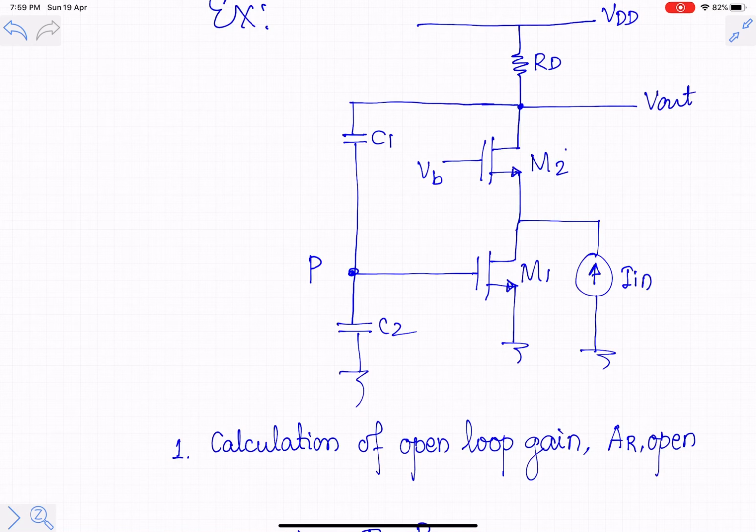To find out the loop gain, the feedback has to be broken at an appropriate point. So generally we break it here, we apply the test voltage Vt here, and we calculate the returning voltage VR at this point, and minus VR by Vt is nothing but the loop gain.